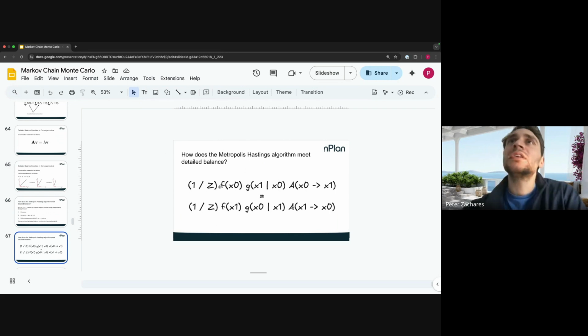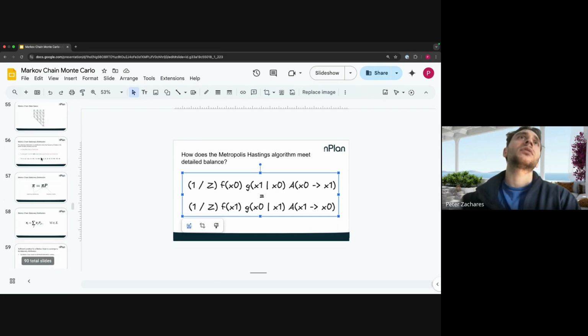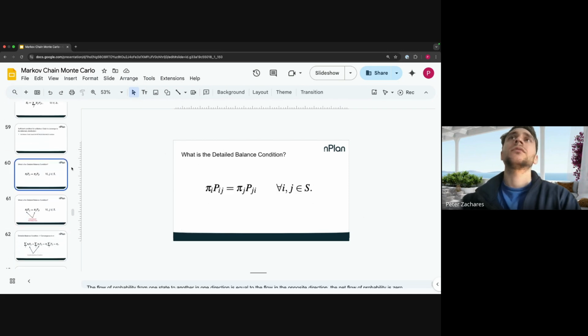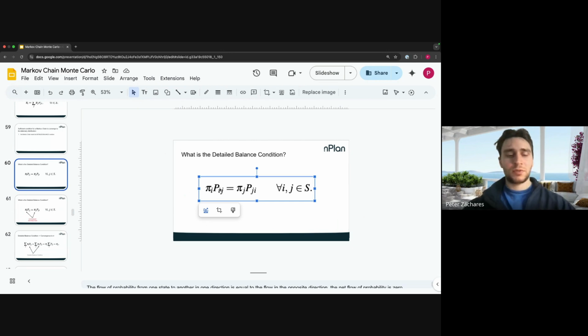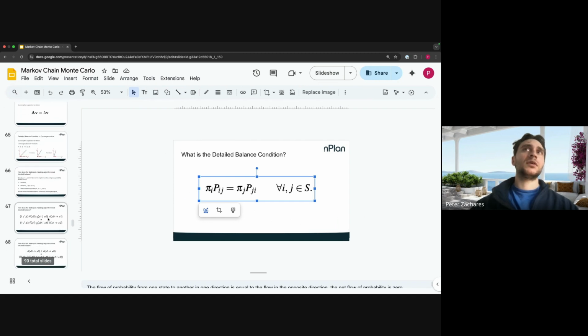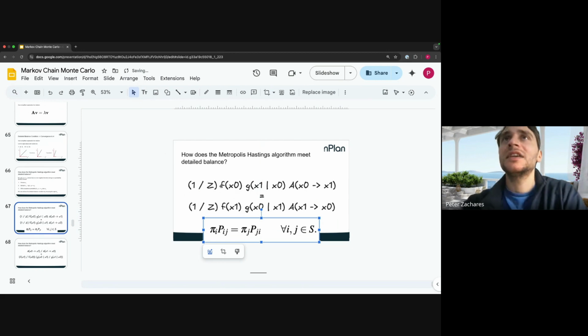Here's an equation which describes the detailed balance condition. If we go back, remember this one, I'm just going to copy this so we have it while we're talking. So pi in this case is 1 over z times f.